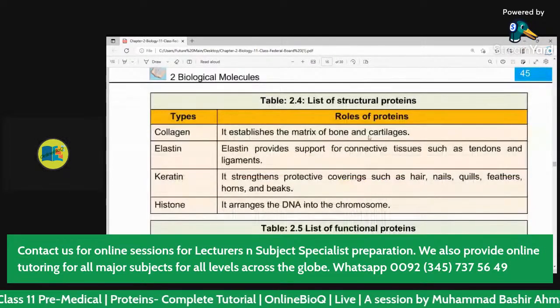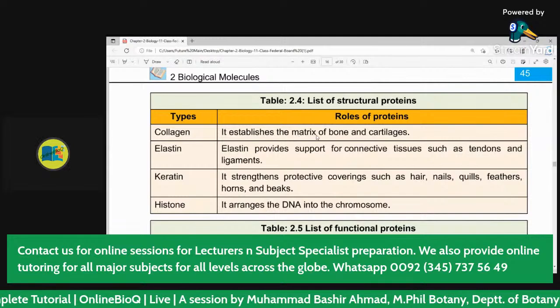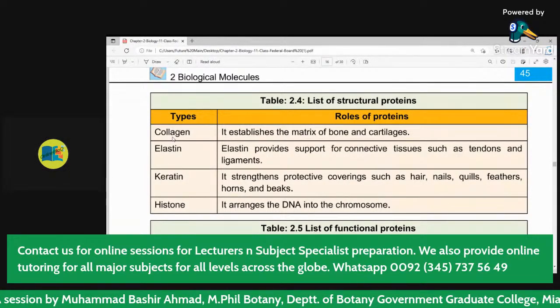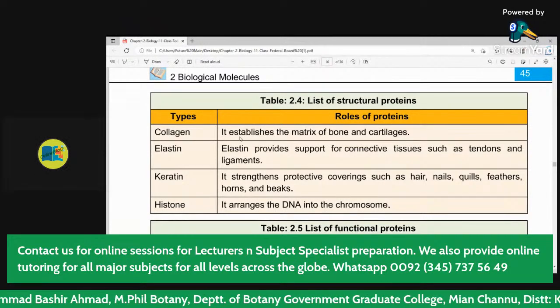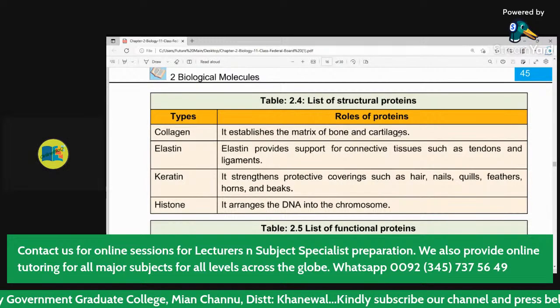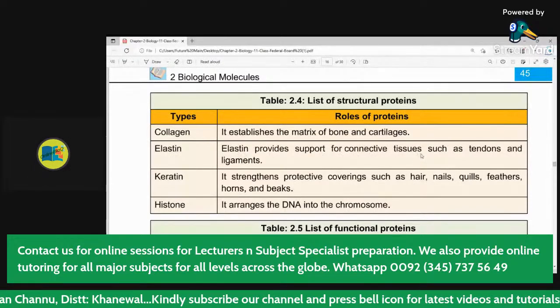First we have the list of structural proteins. Collagen establishes the matrix of bones and cartilages. Elastin provides support for connective tissues such as tendons and ligaments.